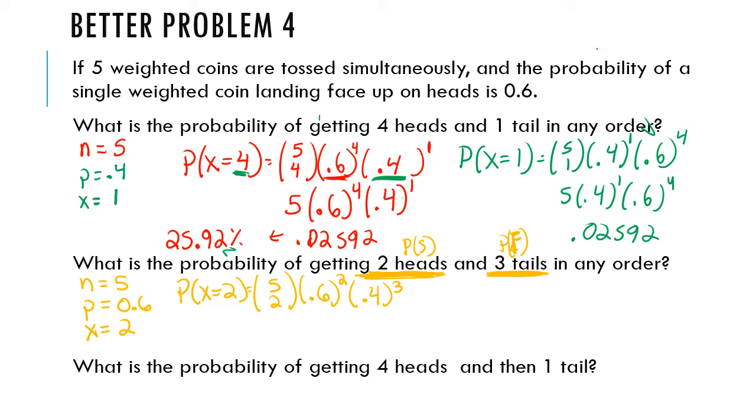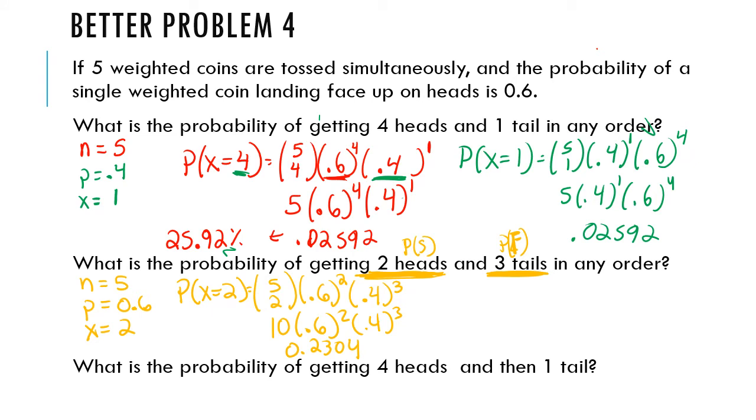I do this calculation in my calculator, 5 choose 2, that's going to give me 10. 0.6 to the second, 0.4 to the third. When I type that into the calculator, it's going to give me 0.2304.